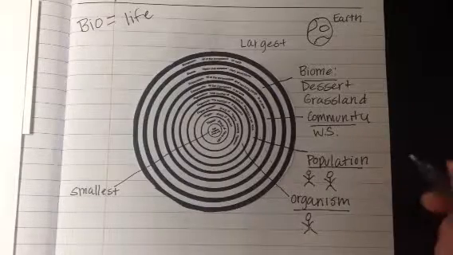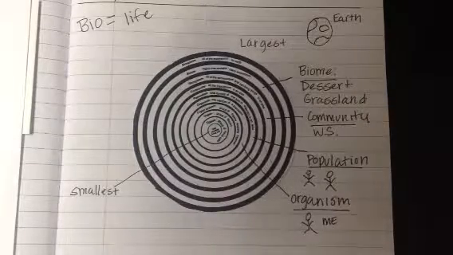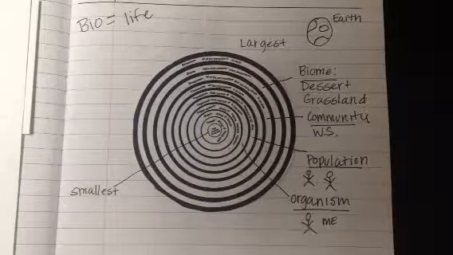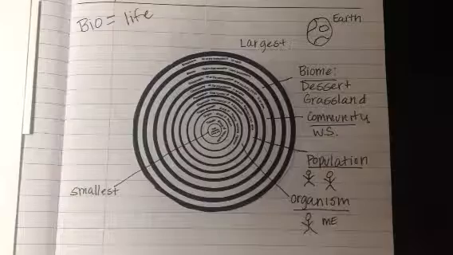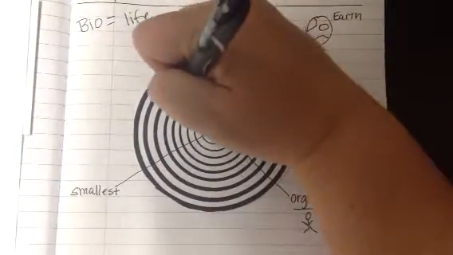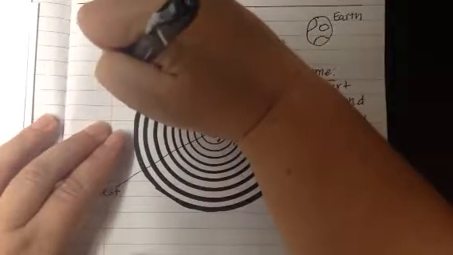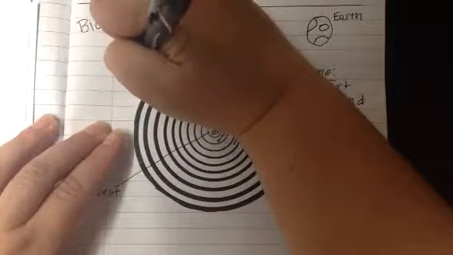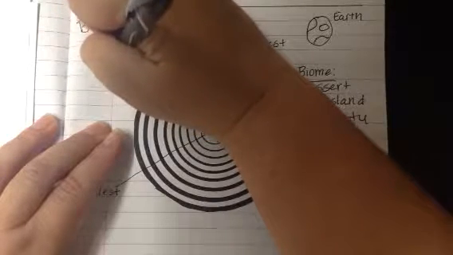So it would be like you. Okay? From a population or an organism, we have an organ system. So organ systems are systems inside of the body, plant and animal. Plants have organ systems too, but we're going to focus on the human, and my example would be skeletal. The bones. So that's an organ system.